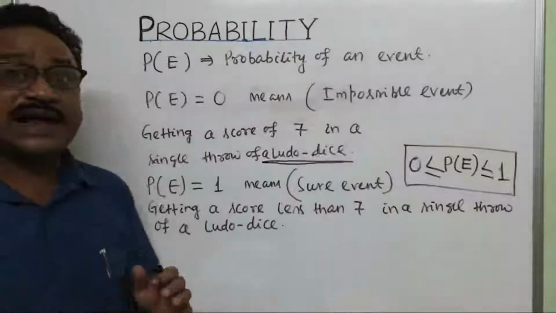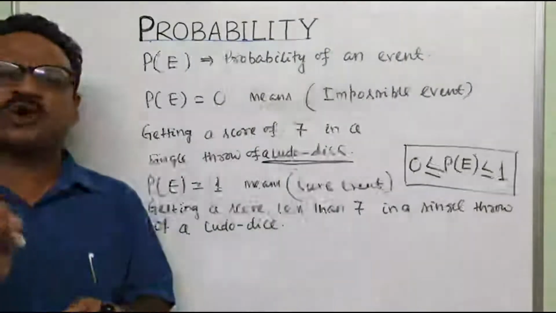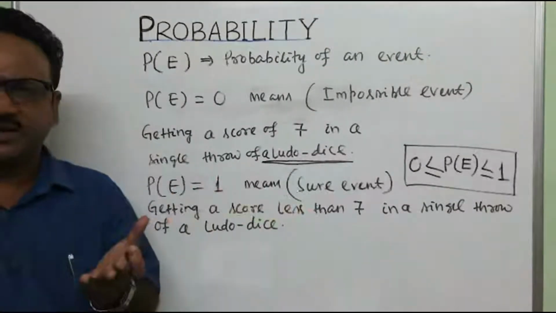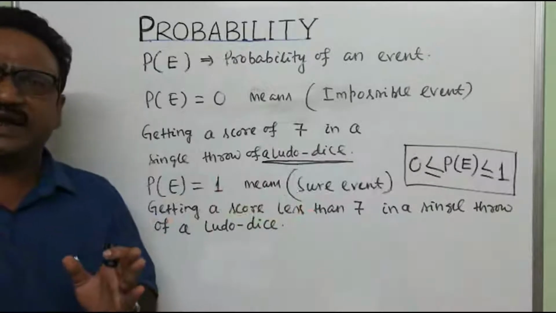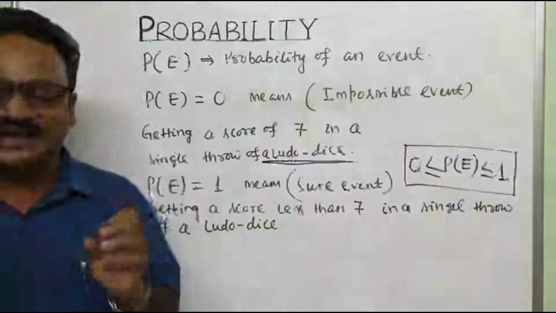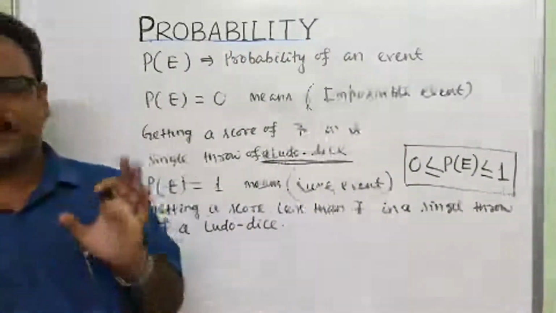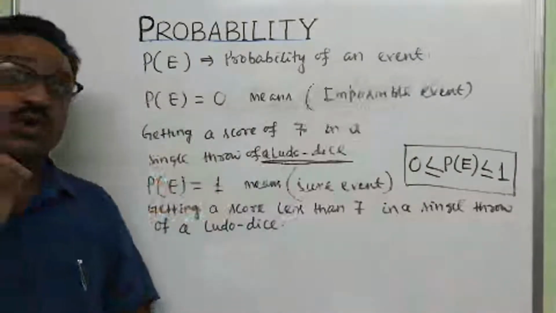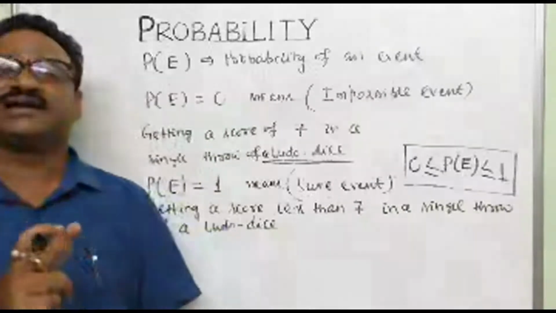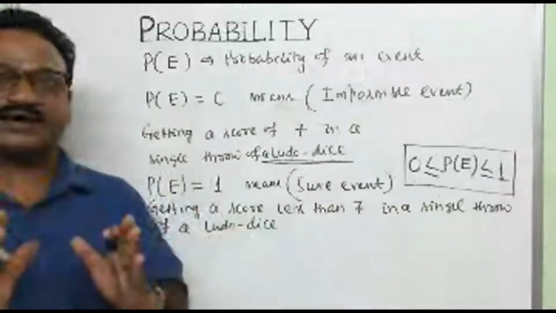Maybe 6, 5, 4, 3, 2, 1, anyone less than 7. If we throw the single Ludo dice, we will get 1 or 2 or 3 or 4 or 5 or 6, anyone. So this is sure. Definitely it will be less than 7. So it is a sure event.